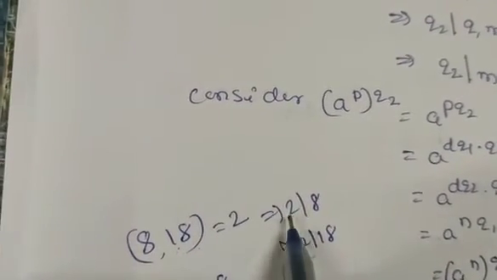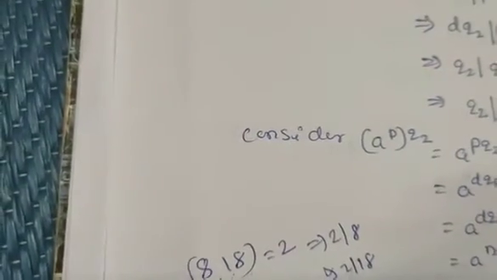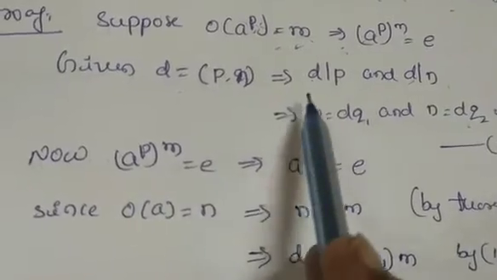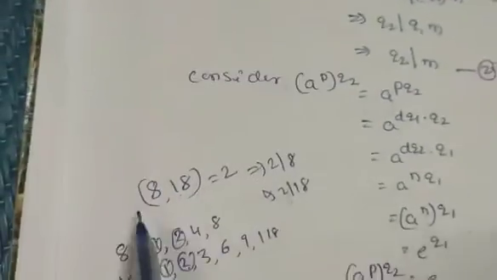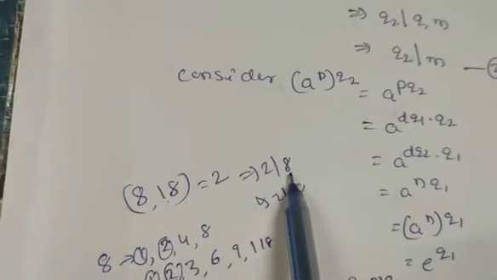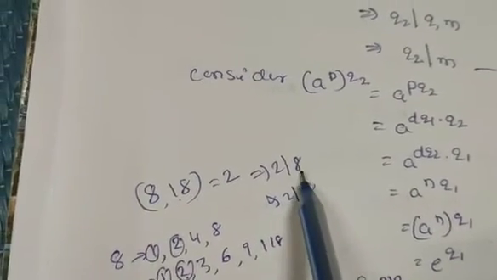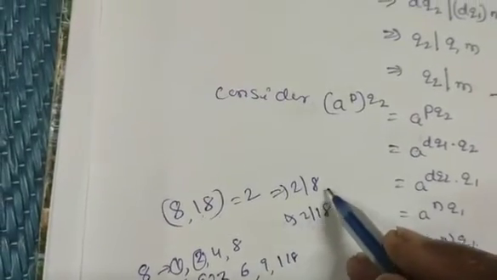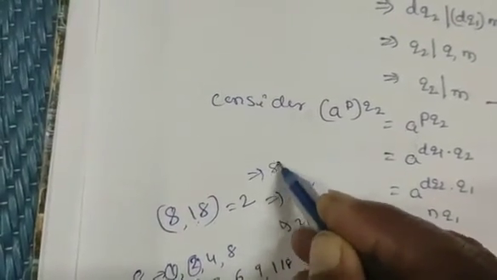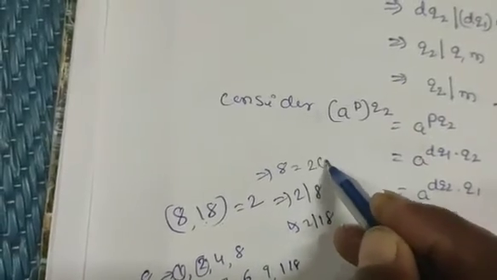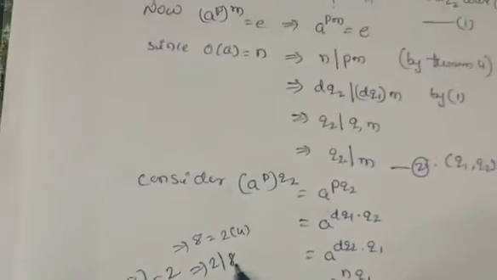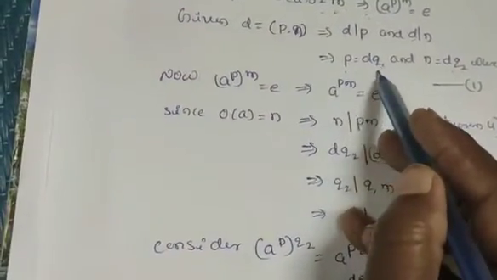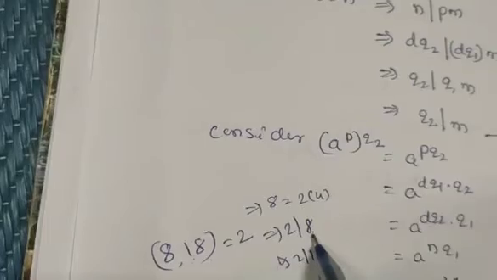So what does it mean here? 2 divides 8 means we can express it in the form: 8 is equals to 2 into 4. So here d divides p means p is equals to d into q1, no? It is also the same, it is in that form only.